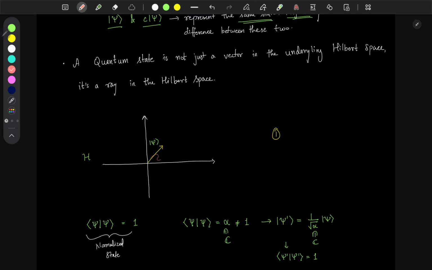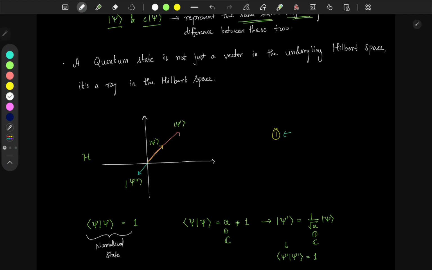Then if I take another vector which is just a scaled version of this vector, let's call this psi prime. Another vector, say in the opposite direction, this is say psi double prime. All these vectors correspond to the same state 1.